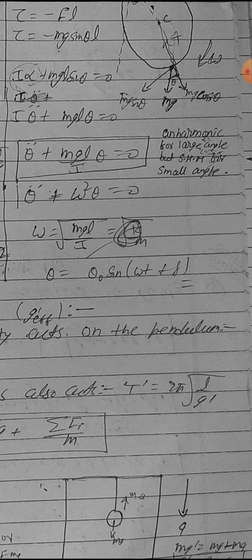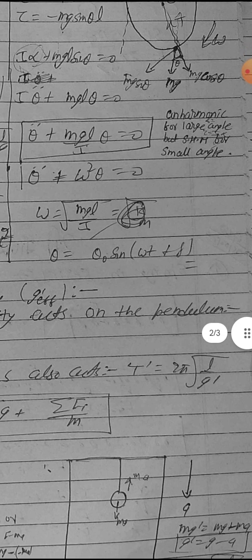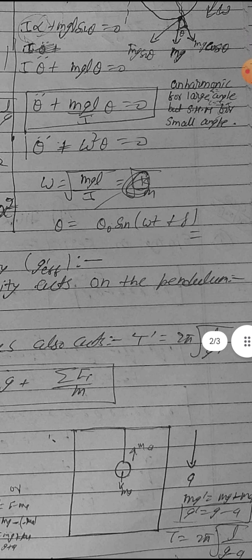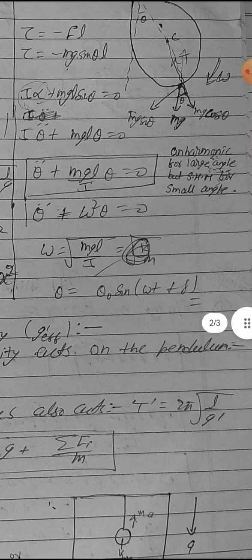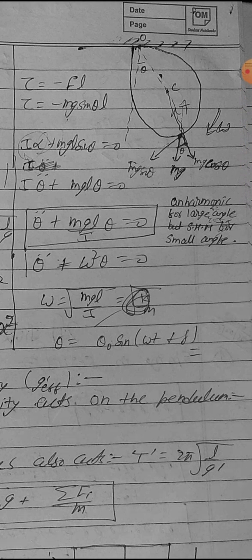We have talked about SHM or harmonic motion. So any equation of the form psi double dot plus omega square psi equal to 0 is SHM. So here this is harmonic only if sin theta is replaced by theta.